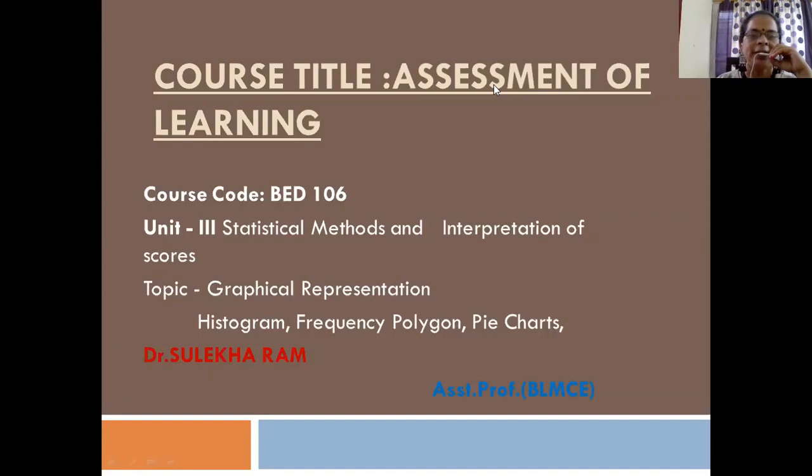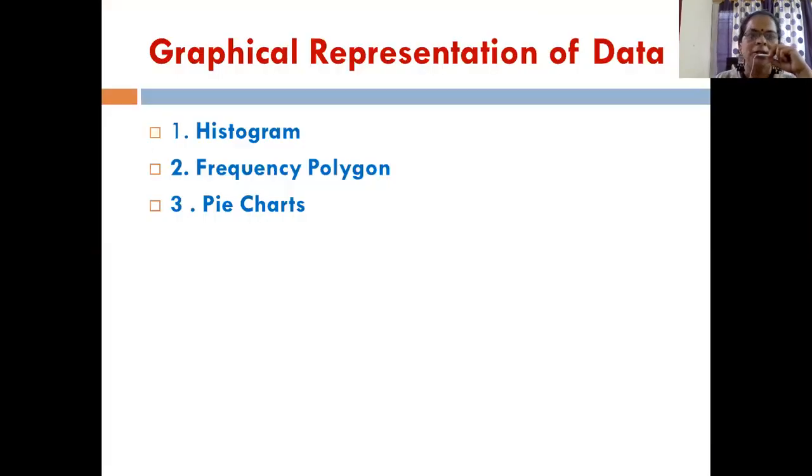Whatever data is represented using different types of table can be expressed in graphical form. According to the syllabus, we have only 3 representations. Even though there are many representations, we are sticking to only those 3 graphical representations here.